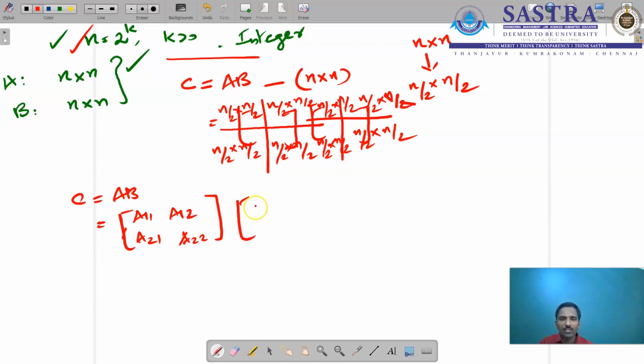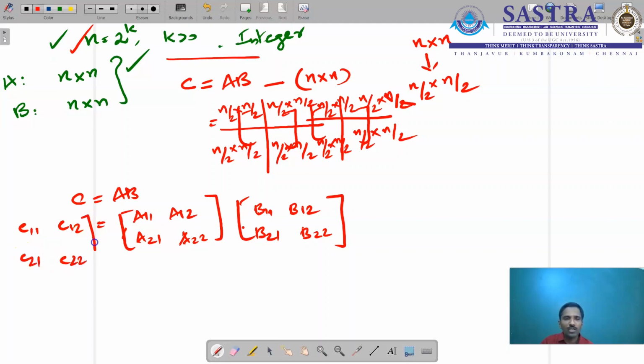Then for the matrix B, B11, B12, B21, B22. Then the resultant matrix C, that is C11, C12, C21, C22, are obtained by multiplying the matrices A and B.